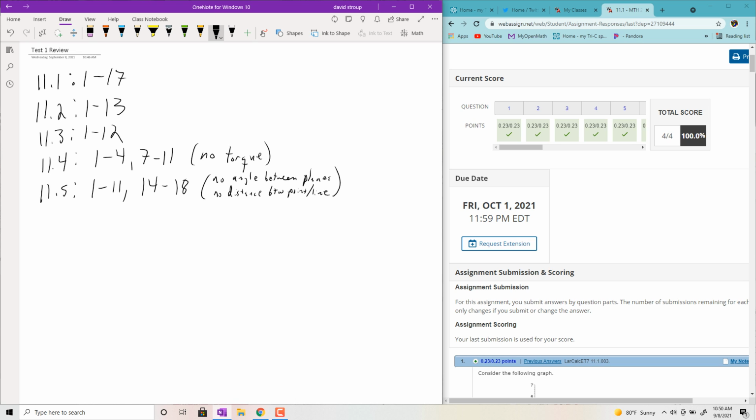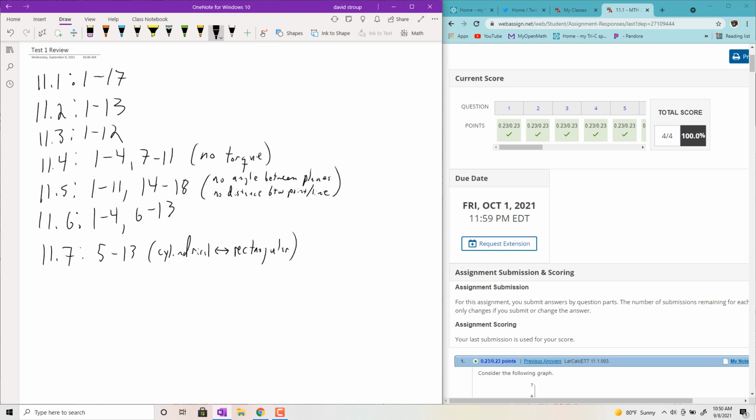Obviously, distance between a point and a plane or distance between two planes is fair game. 11.6, 1 to 4, and then 6 to 13; 11.7, 5 to 13, and that's basically converting cylindrical equations to rectangular or vice versa. I'm not going to be worried about the spherical, cylindrical, back and forth to rectangular or vice versa.